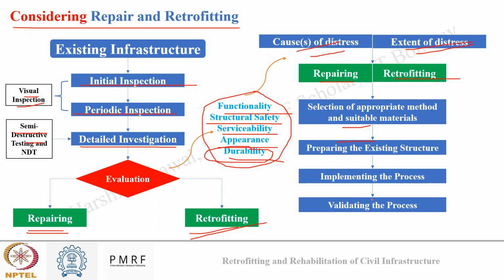And this selection of method and suitable material can be done based on the visual inspection, the detailed destructive evaluation, and even sometimes the petrographic analysis, or a much more microscopic testing that has been carried out. We can identify the cause of the distress, the extent to which the distress has occurred, and what we need to go ahead with.